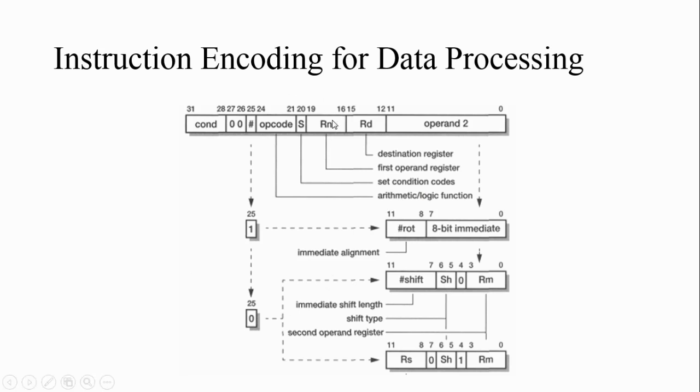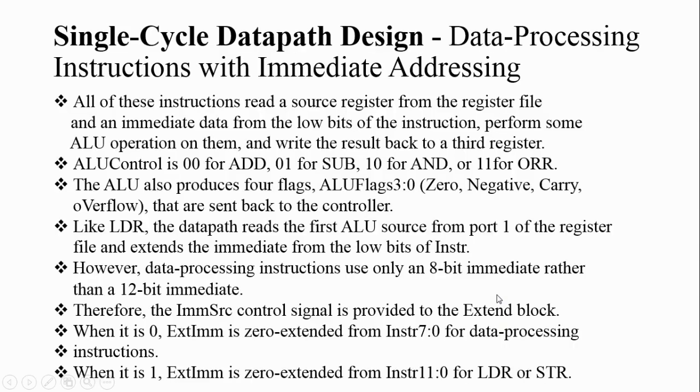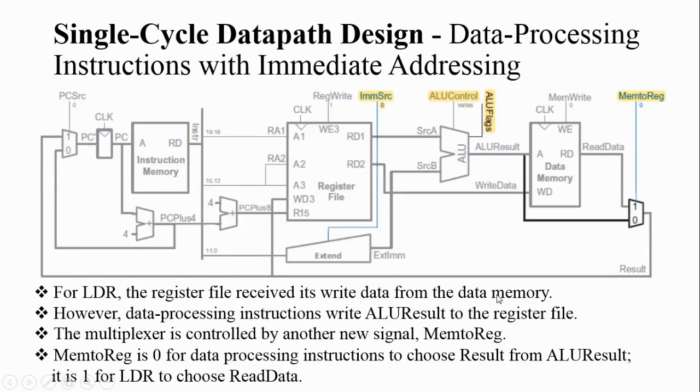Here the first operand register will be added with the second operand which is stored in RM. You will be adding RM and RN. This is the first operand register. This is the second operand register. So in register addressing mode, you are going to add RN with RM. That is what you are going to do here.